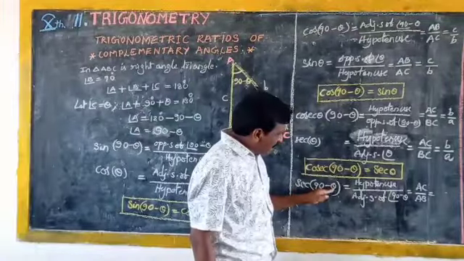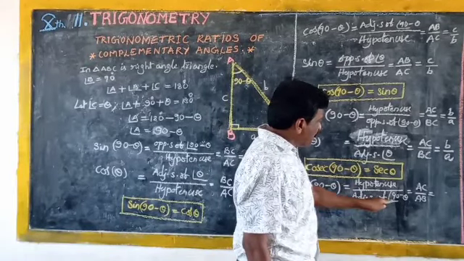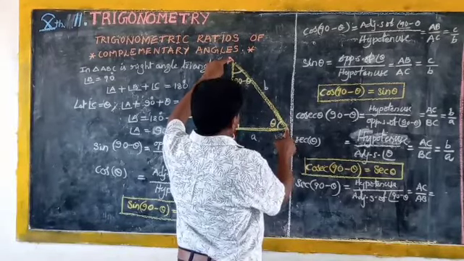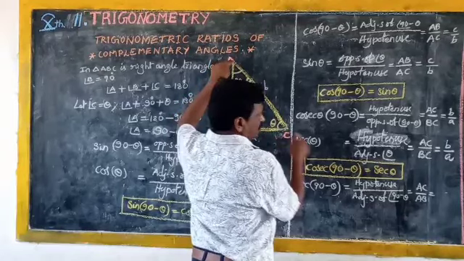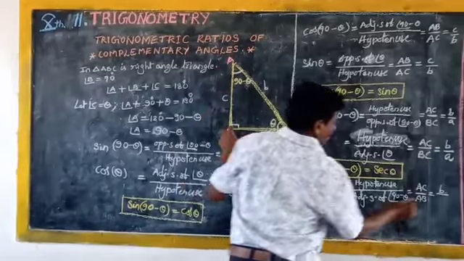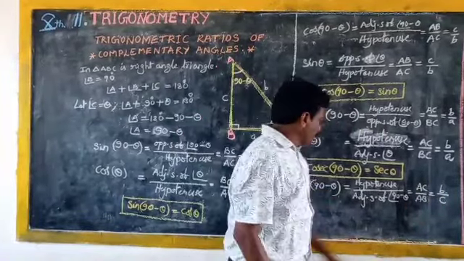Secant 90 minus theta is equal to hypotenuse by adjacent side of 90 minus theta. Hypotenuse AC, adjacent side AB. AC is equal to b, AB is equal to c. Secant 90 minus theta is equal to b by c.